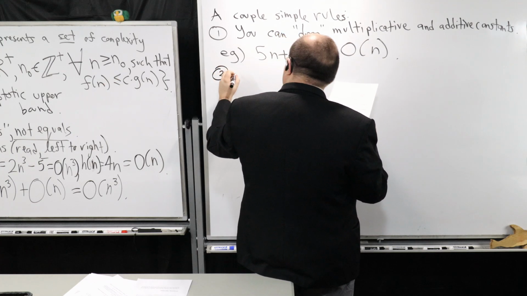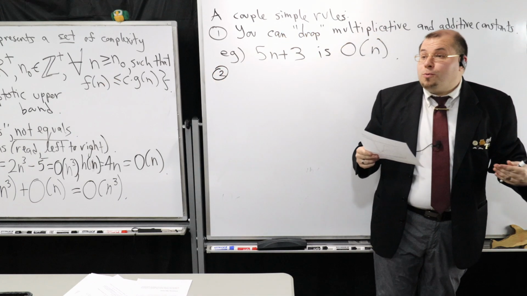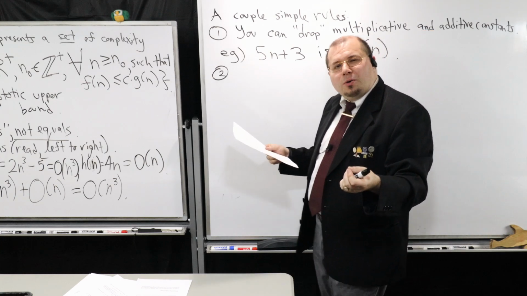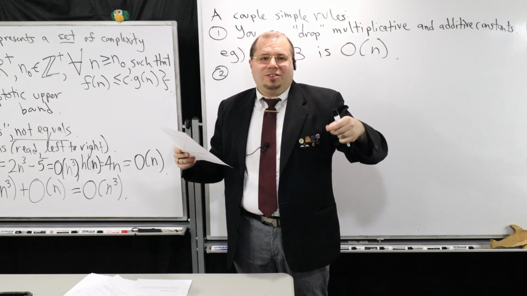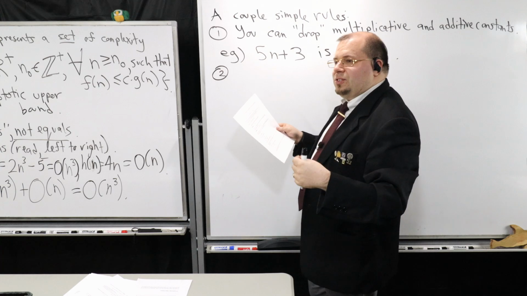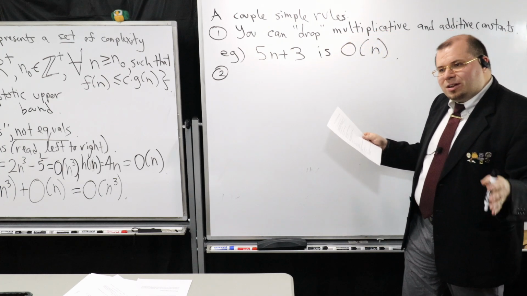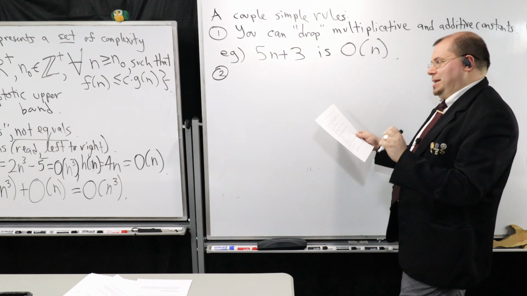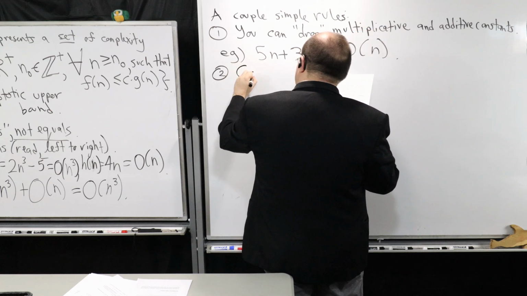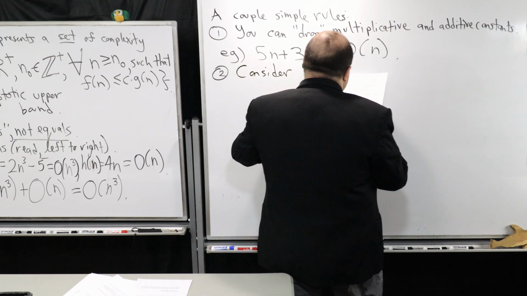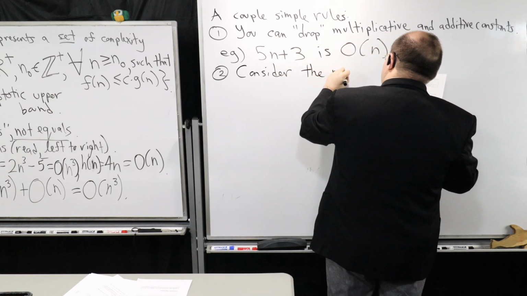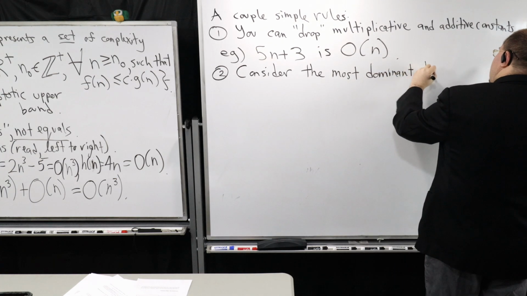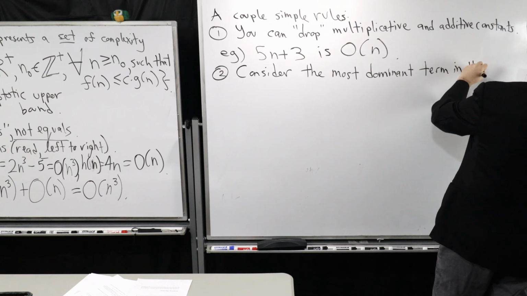Another one is that if you're given a bunch of terms, the one you have to focus on is the most dominant term. This very often occurs when you're given a polynomial. Polynomials are very easy to identify the most dominant term. We're going to get some familiarity with this throughout this course, and I'll talk about different classes of functions, from the least dominant to the most dominant, in a moment. So consider the most dominant term in the expression.